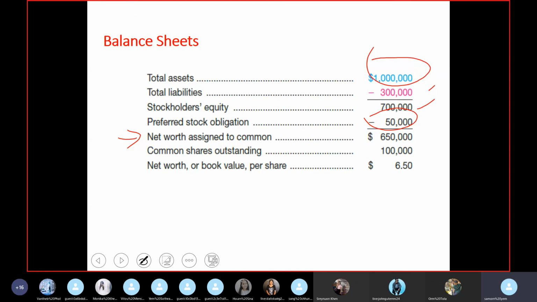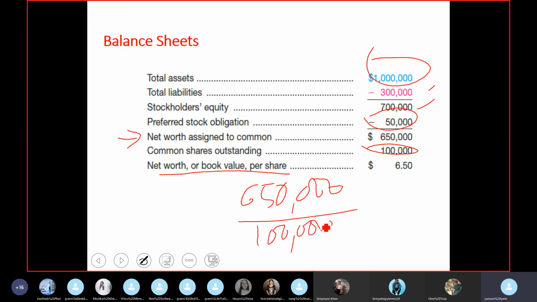And the total common stock shares are 100,000 shares. Your net worth, or we can say book value per share, comes from the common stock net worth assigned to common, divided by total shares. This is the book value.